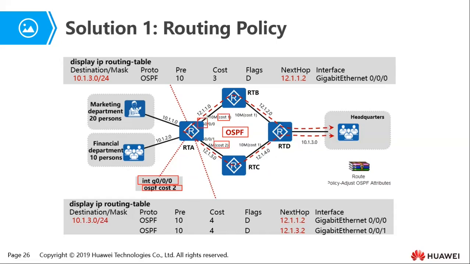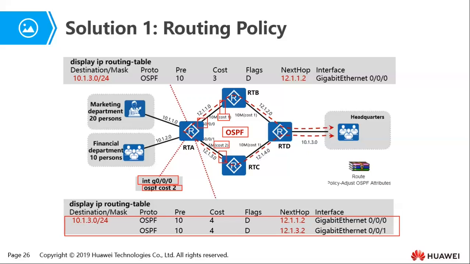So that now this path is going to have a cost of 3, and this one also a cost of 3. When we do that and display the routing table of RTA, we are going to see that both next hops are added to the routing table: 1.2, which is this one, and also 3.2, which is this one.